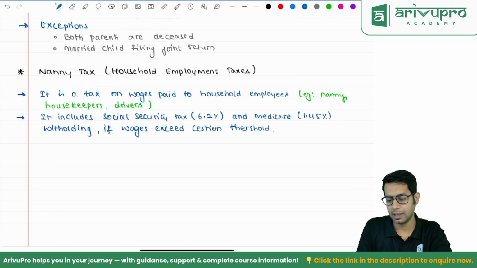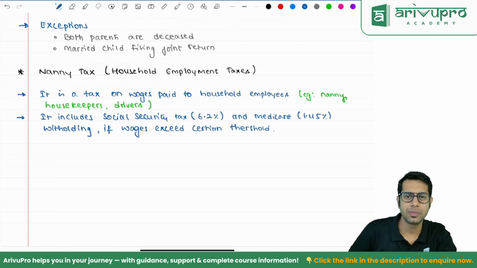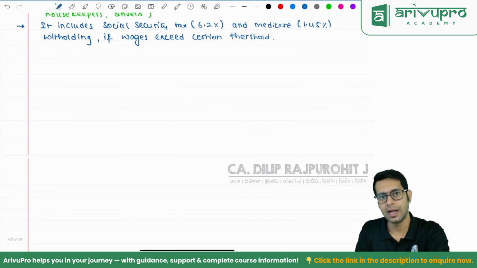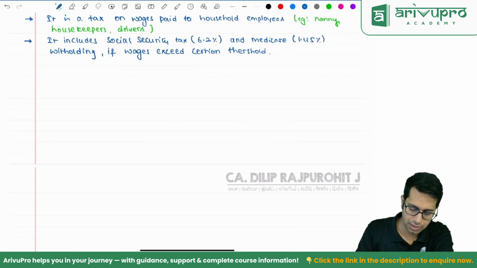So meaning even the concept of TDS is applicable, withholding taxes is applicable. If the wage income is crossing a certain limit, then social security taxes and Medicare taxes are required to be withheld by the person who is paying them the wages.